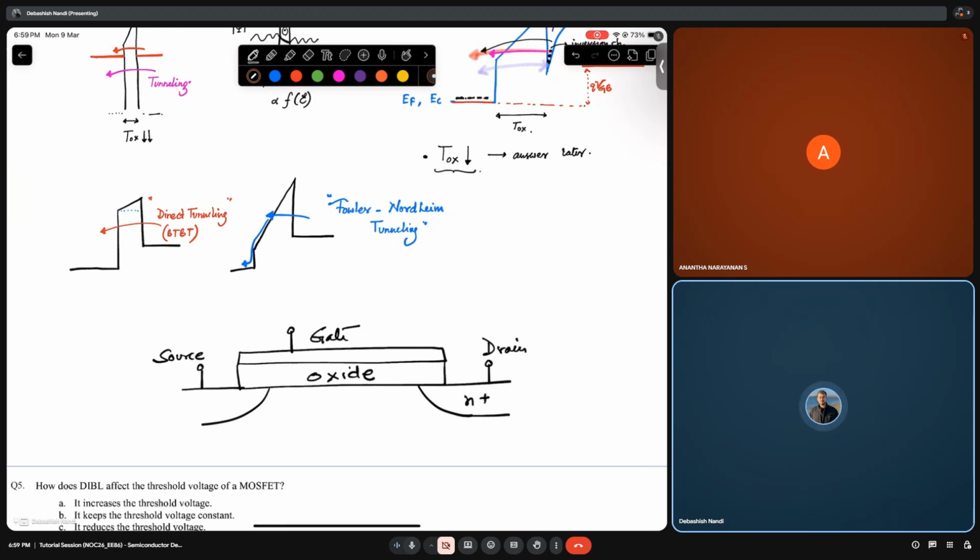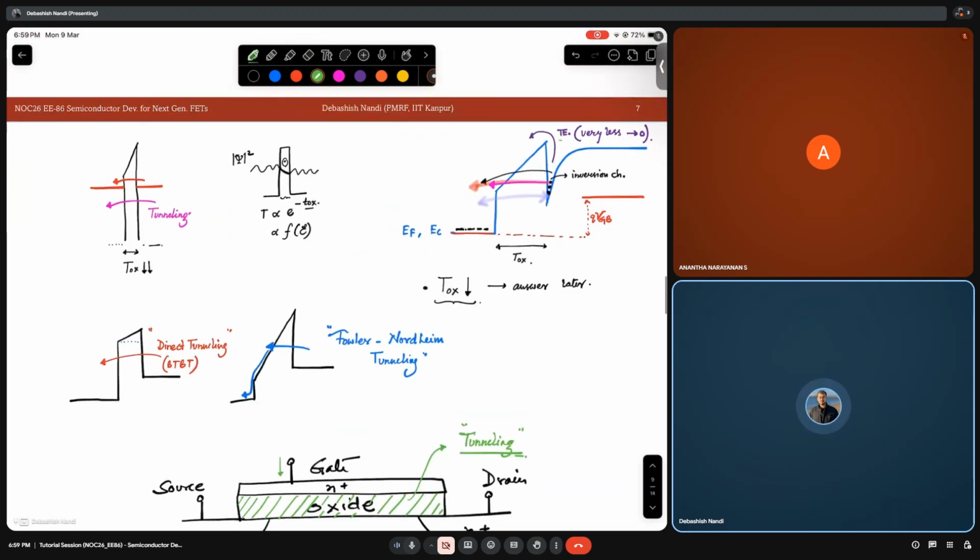This is N plus, this is also N plus, this is P. In any case, if gate current has to flow, it has to cross this oxide layer. So current conduction through oxide can only be possible by means of some sort of tunneling, because the conduction is very small otherwise.